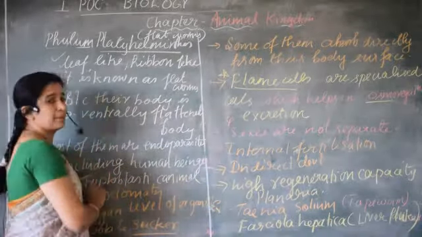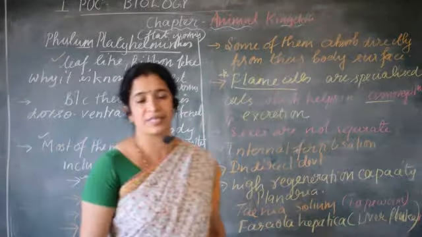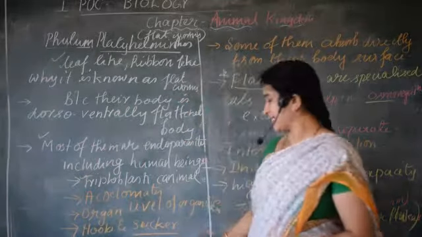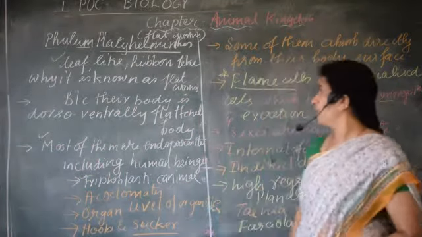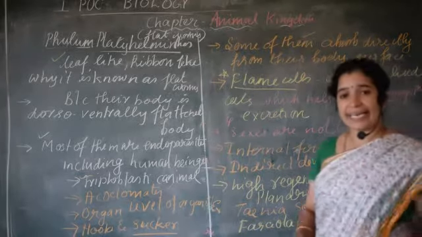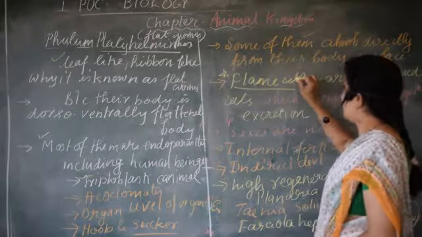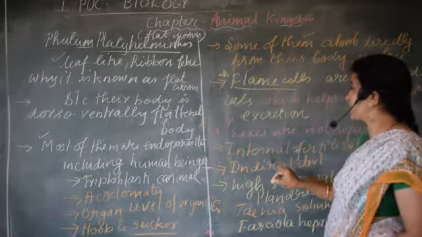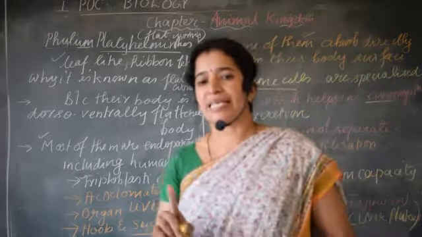They are triploblastic, acoelomate animals with an organ level of organization, not organ system. They have hooks and suckers to attach to the host body, and some of them absorb nutrients directly through their body surface. They have special cells called flame cells, which help in osmoregulation and excretion.